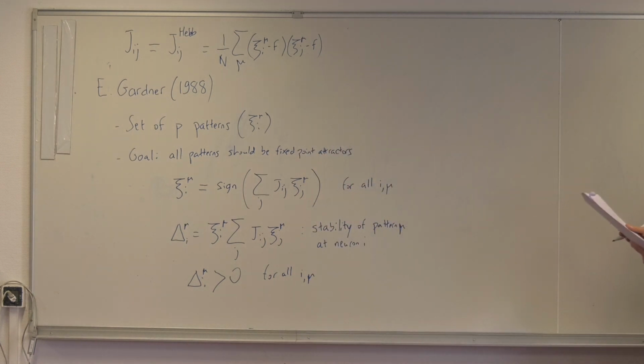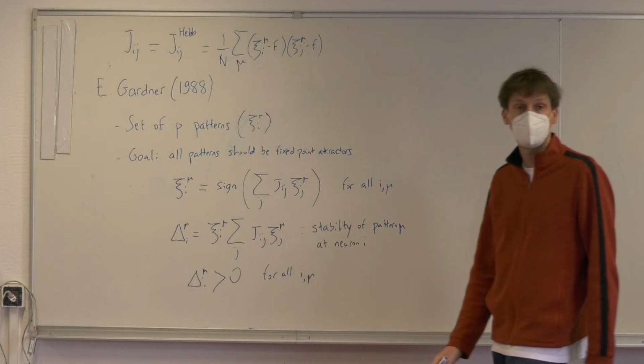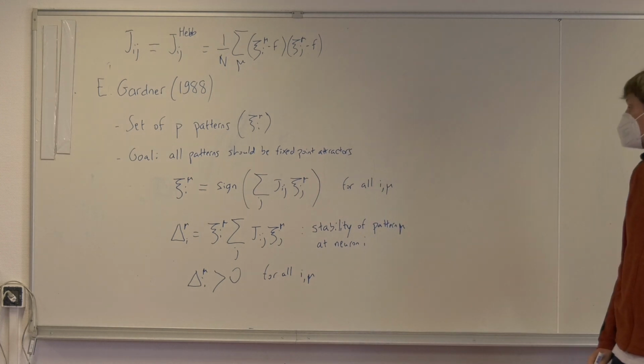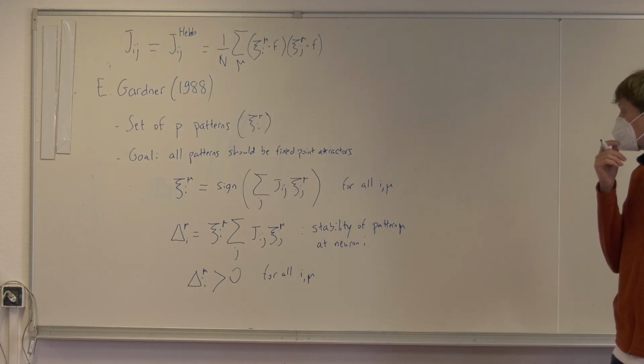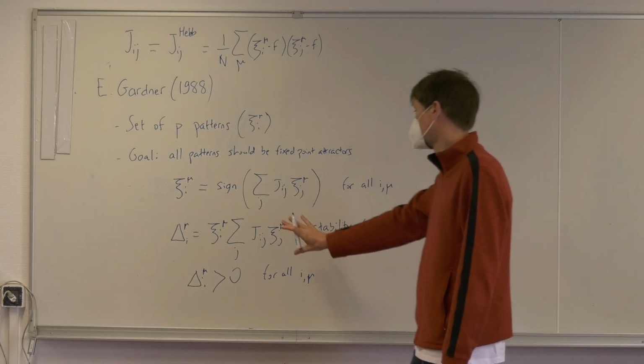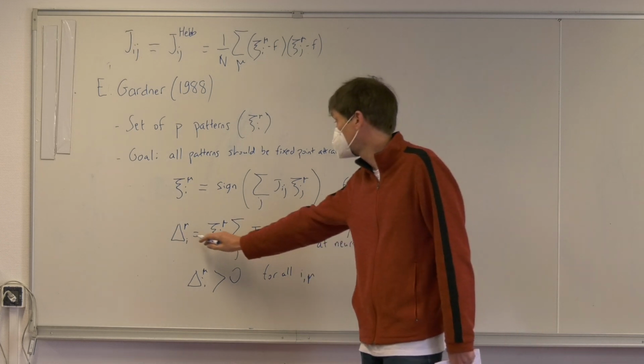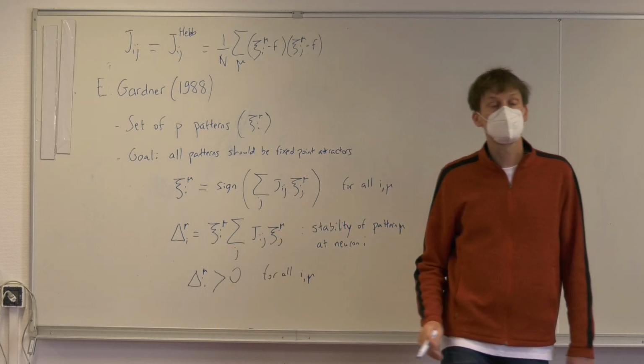Okay. You can see that these constraints are basically hyperplanes in the space of weights. Each of these constraints defines a hyperplane, defined by delta mu equals 0.